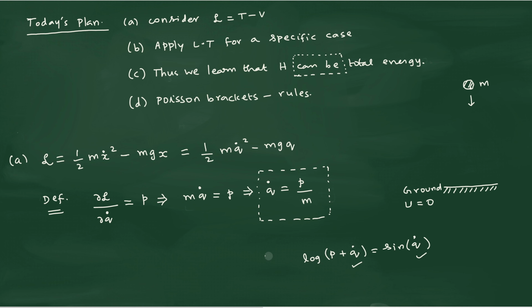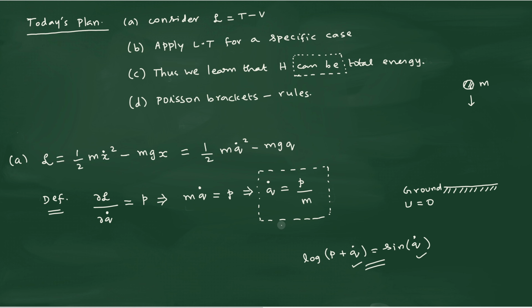If a mixture of them is there in a single expression, separating the q dot on one side and writing the p on the other side is not that simple. That is what I mean to say. Solving a transcendental equation is not simple, which means that you'll have to go for a numerical solution.